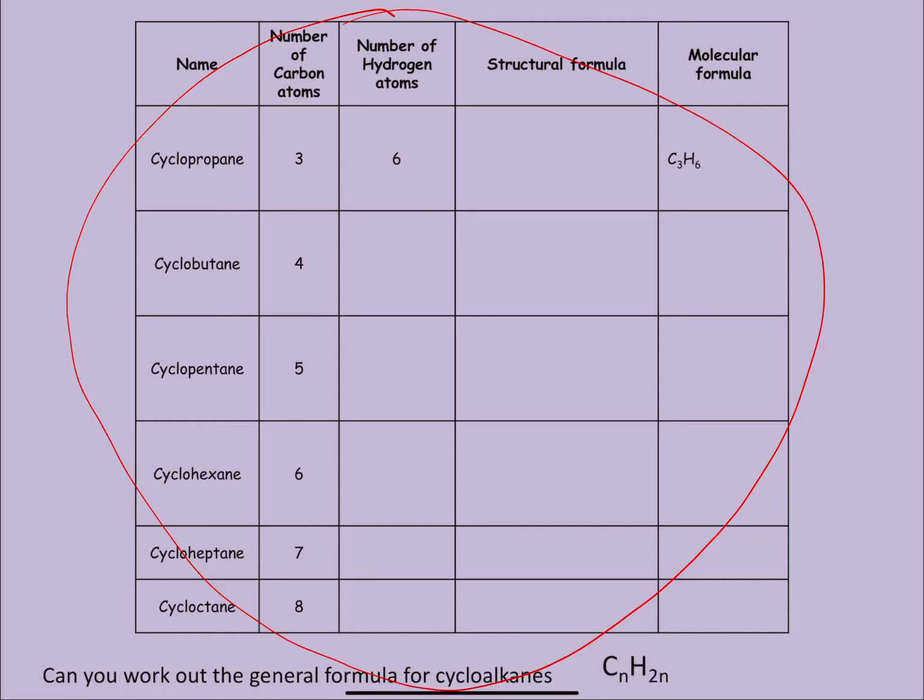So the general formula is CnH2n. So whatever your carbon is, you just need to double it. So say it was C100, the cyclo version of that would be H200. If there was one that had 30 hydrogens, you know it would have 15 carbons because you just need to half it.